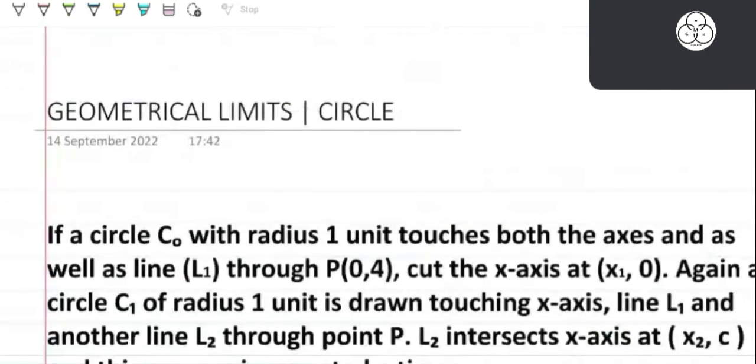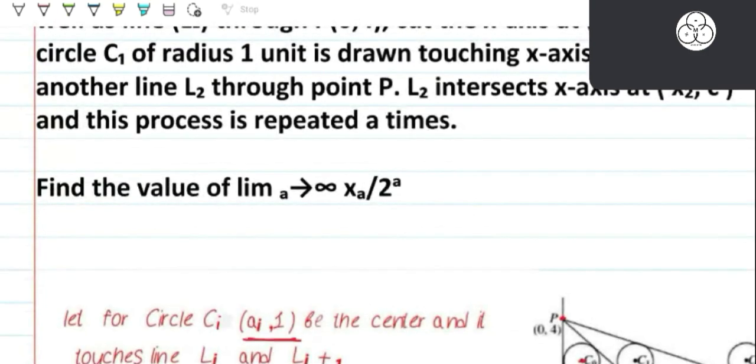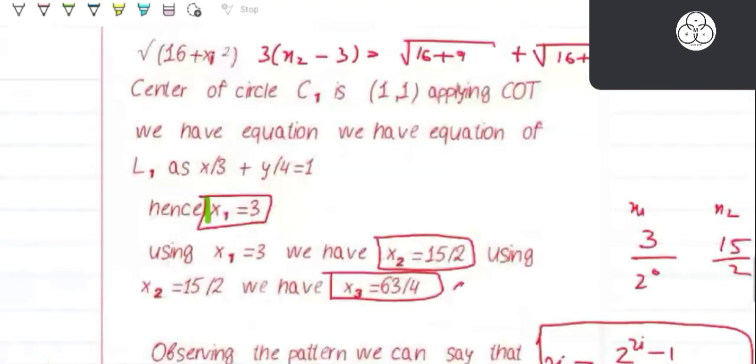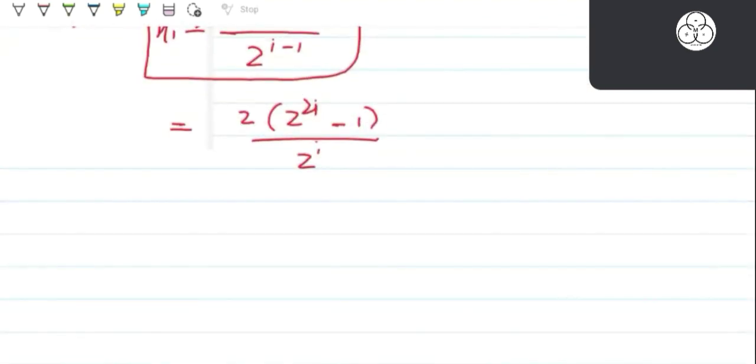What we have been asked to find? Xi over 2 to the power I, limit I tends to infinity.